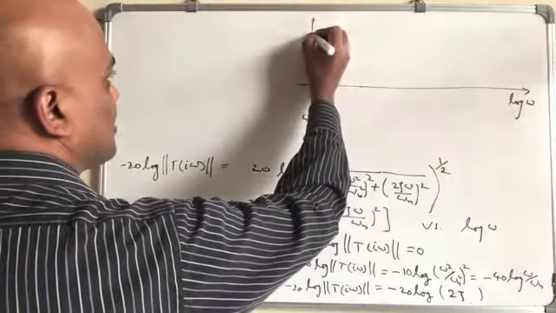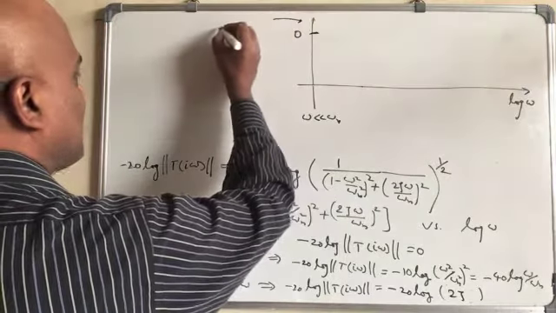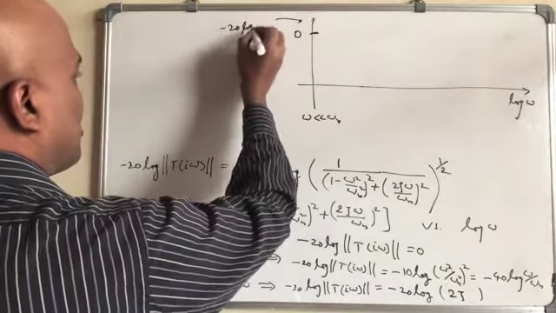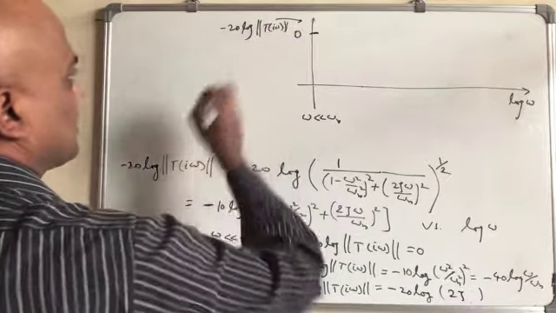So we have 0 here. But what are we plotting? We are plotting minus 20 log of T I omega.